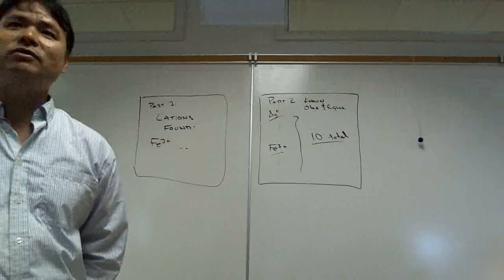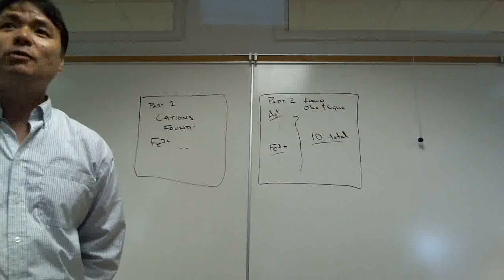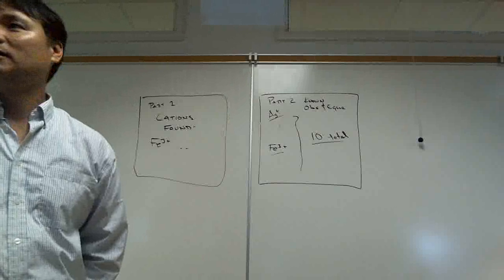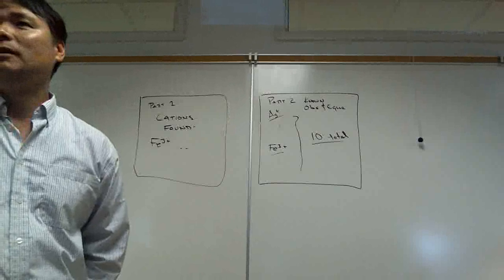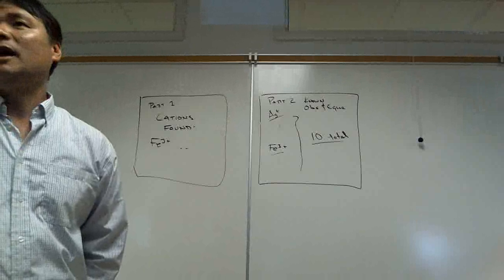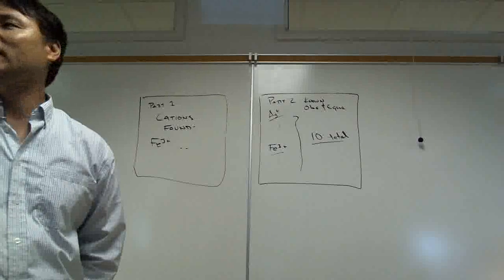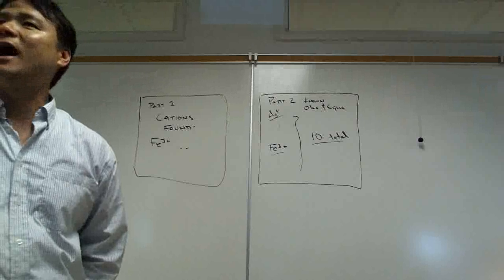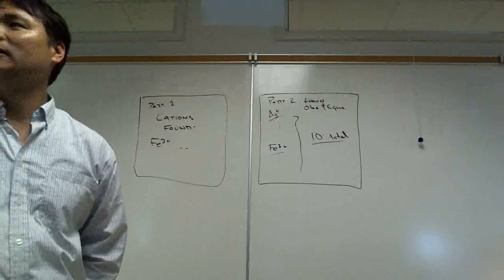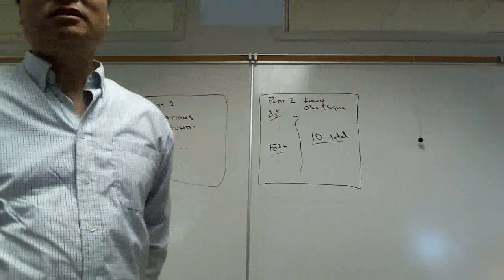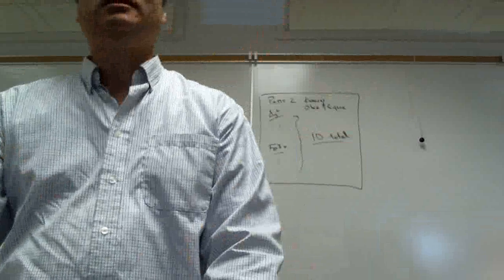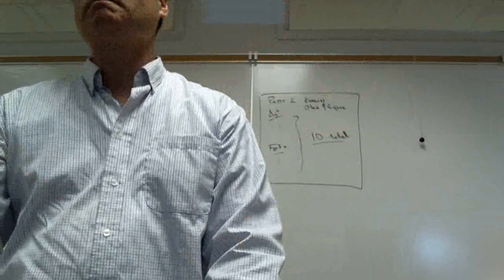This is a big question. How do you know you got what you got? What convinces you that you have what you have, and how can you convince other people that you have what you have? And so this is the discussion. The discussion is not merely I mix this with that, I got a white PPT. The discussion is much more.